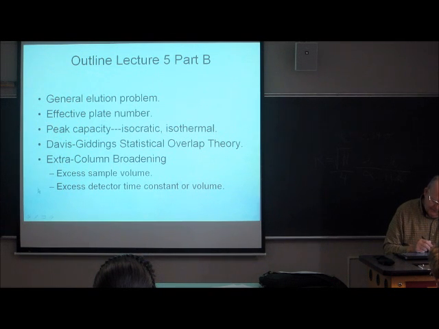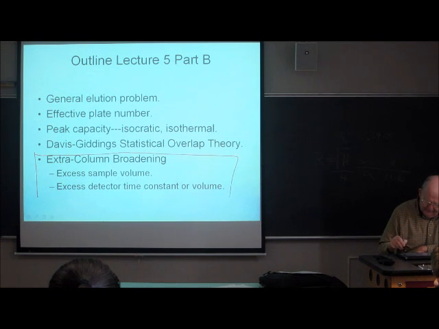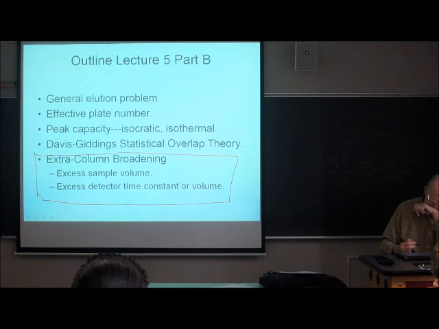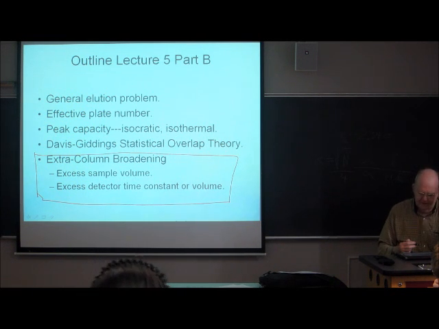And then we're going to talk about a subject which is, it seems that we never are able to get away from it. And that's the topic of extra column broadening. I thought for a while that we didn't need to worry about it so much anymore.